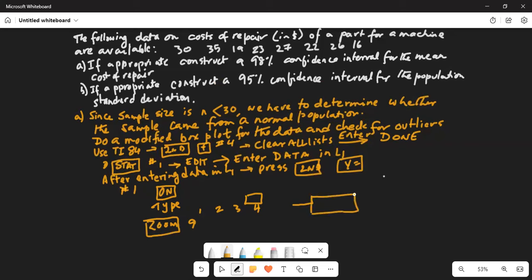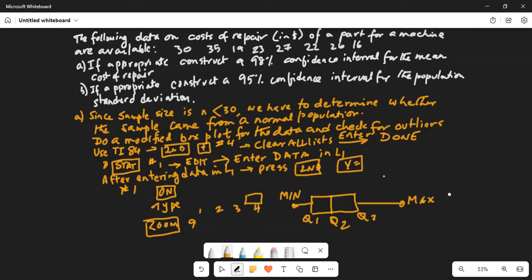The area in the center is the box. The two boundaries of the box are Q1, the first quartile, and Q3, the third quartile. The vertical line in the middle is the median or Q2. The left whisker points to the minimum, and the right whisker points to the maximum.